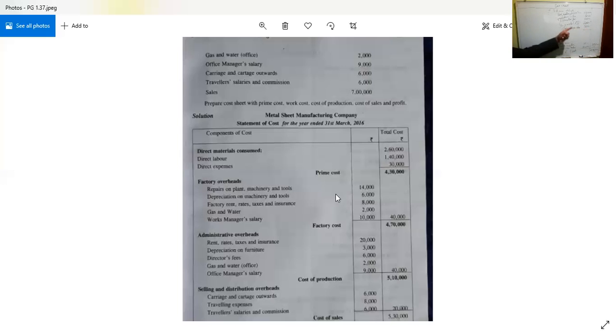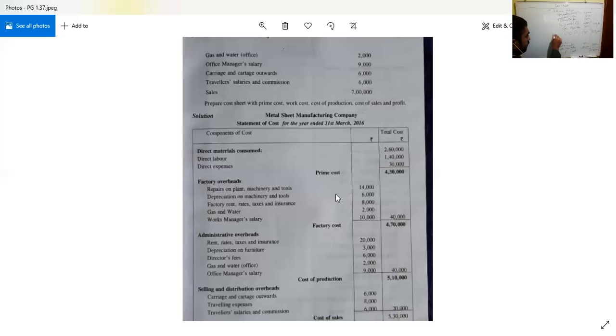So how much? 23 plus 6, 29 plus 2, 31 plus 9, 40,000. So the same 40,000 is there. This is what add office and admin. So COP, cost of production or office cost. 470 plus 40, 510, 5 lakh 10,000.